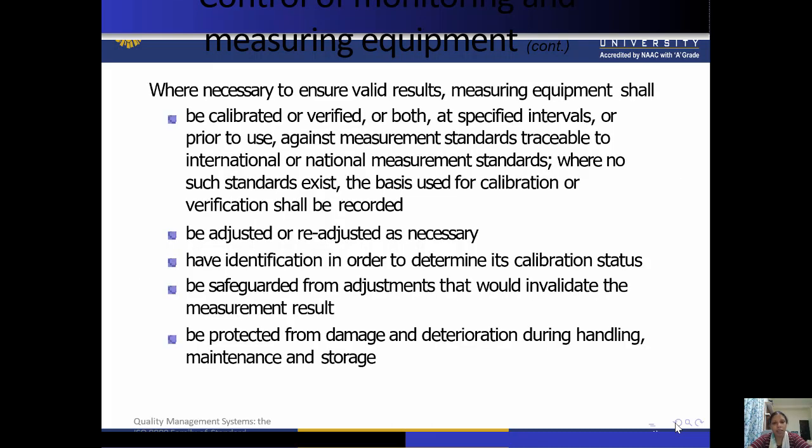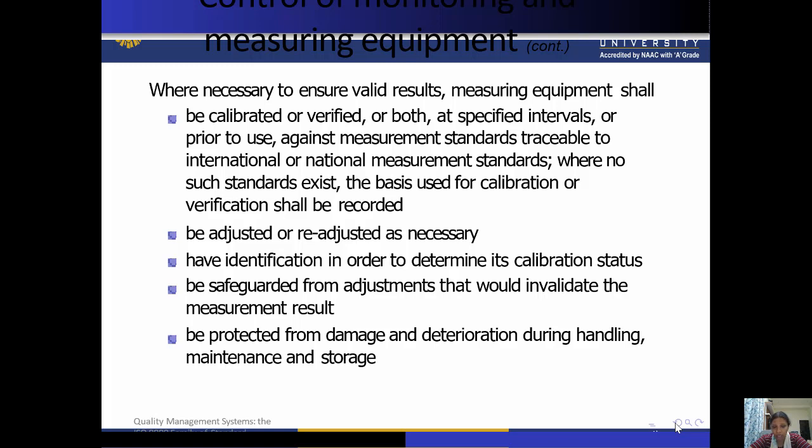Control of monitoring and measuring equipment. Where necessary to ensure valid results, measuring equipment shall be calibrated or verified or both at specified intervals or prior to use against measurement standards traceable to international or national measurement standards.